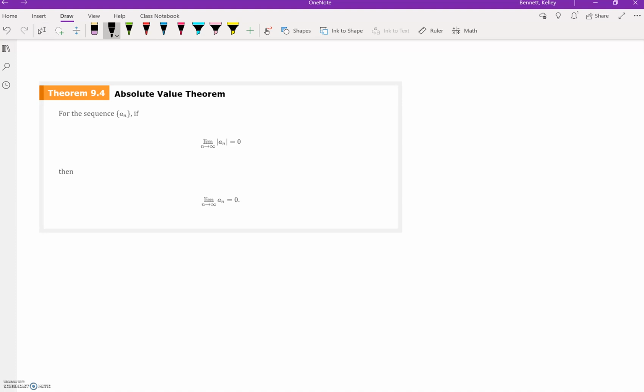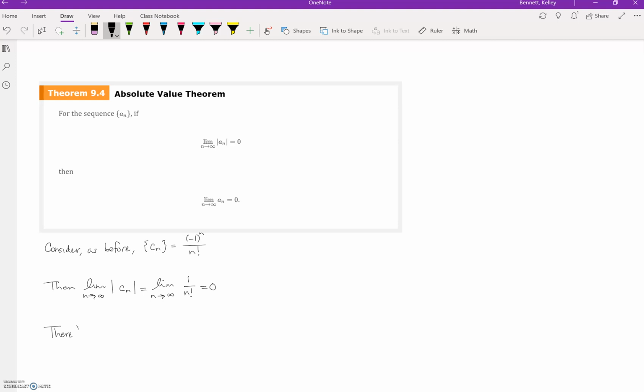So for example, consider the example we just did, where we had c of n equaling negative 1 to the n over n factorial, then the limit as n goes to infinity of the absolute value of c of n would be the limit as n goes to infinity. So the only thing that changes is that the negative 1 will just be positive regardless of n. So this is just 1 over n factorial, and that equals 0.